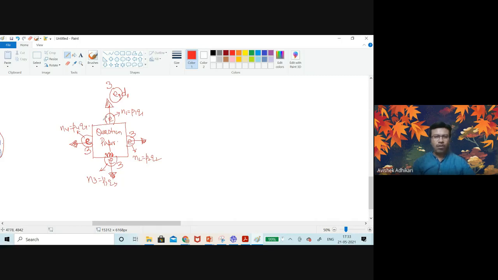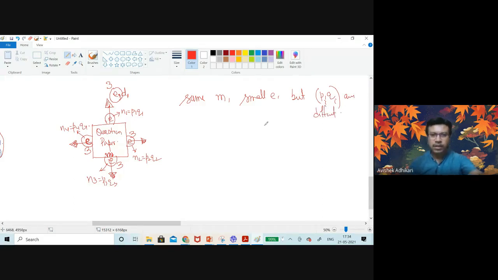But note that all my e's are 3. Okay. So this is the scenario. Is the scenario clear to all of you? So same message, same m, small e, but pi and qi are different.